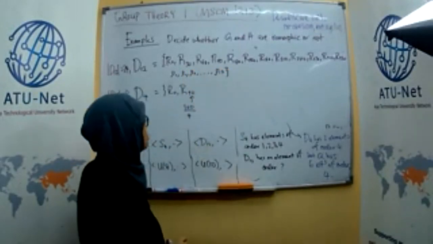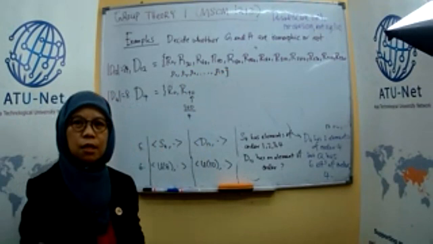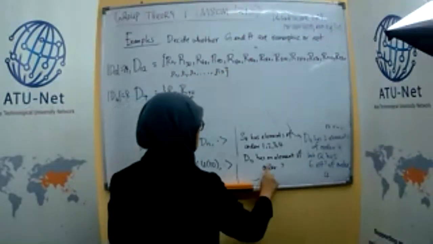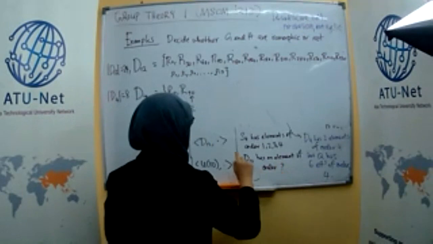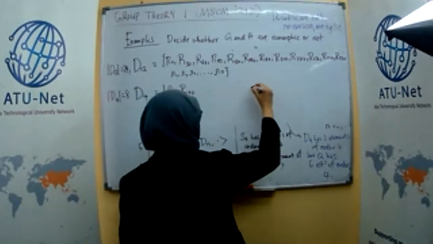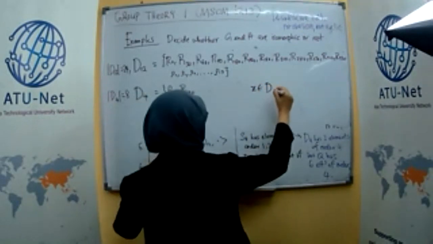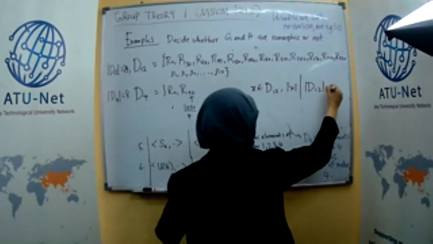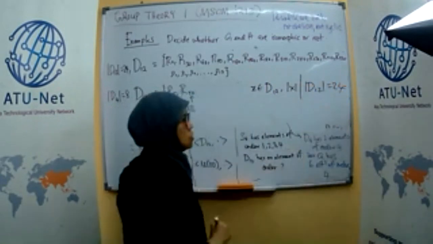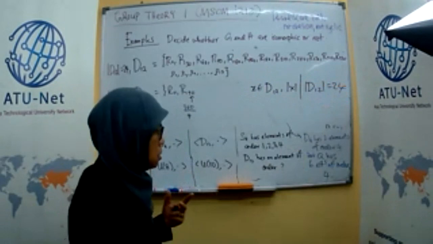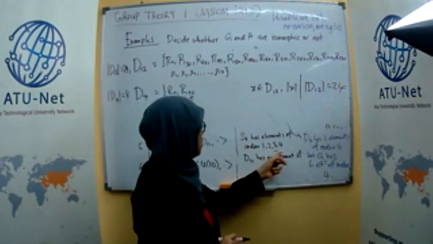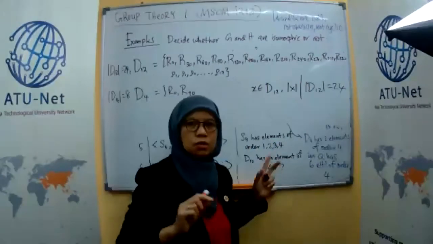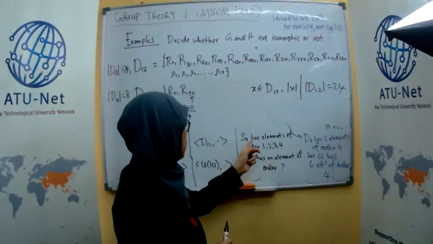Okay, so this is actually the element, right? And the element order divides the group order. Like this one, it divides 24, but you don't have any other elements of order 6 or 12 in S4.